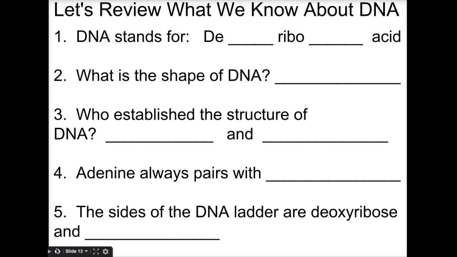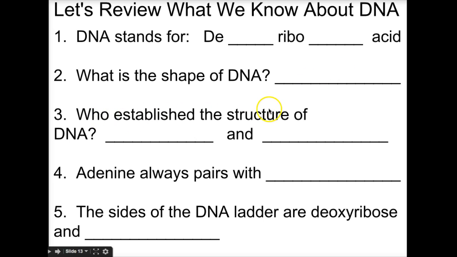All right, so for a quick review to end this video, we know DNA stands for deoxyribonucleic acid, and these will be good notes to have. So this last part of the video will be a good section to take notes and just copy this part down. DNA stands for deoxyribonucleic acid. Shape of DNA, you should be able to know that it is a double helix.